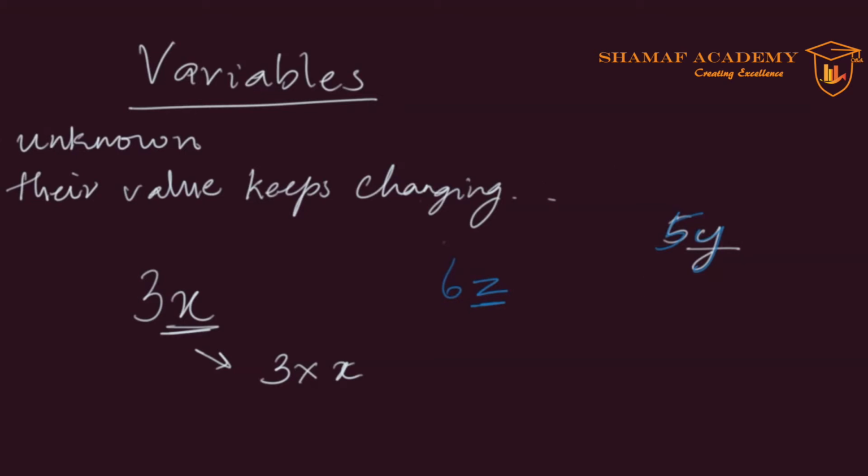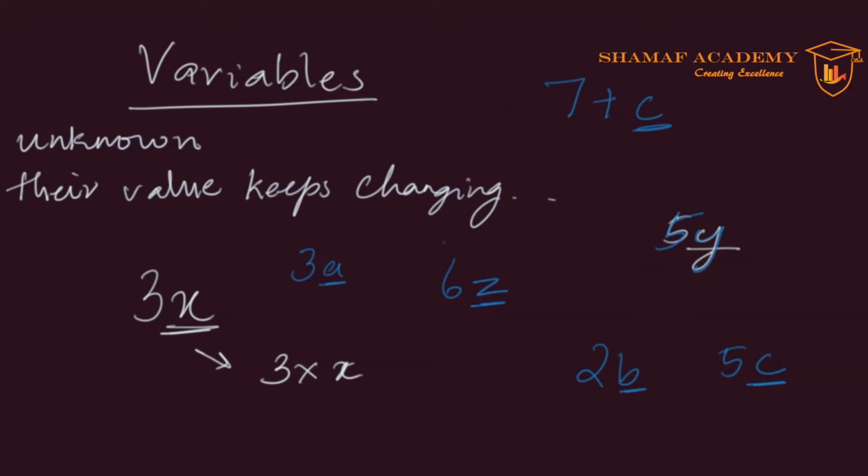Or if I tell you 3a, a is a variable. 2b, b is a variable. 5c, c is a variable. If I tell you 7 plus c, c is again a variable. So in all of these, the alphabets are basically variables. What is the common thing that you have seen here? That the alphabets are variables.